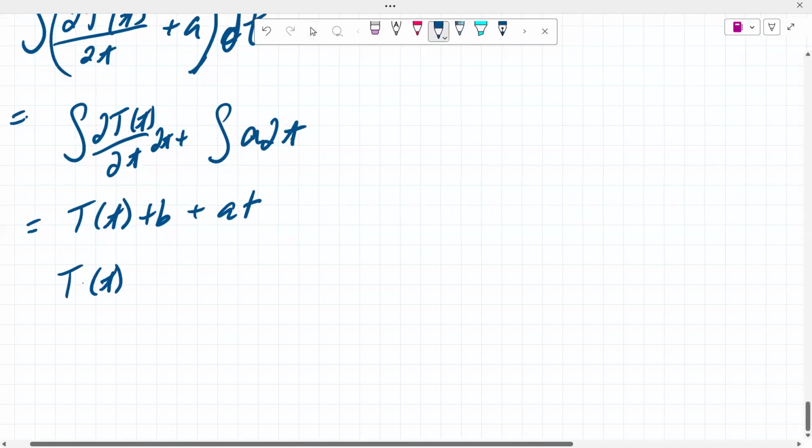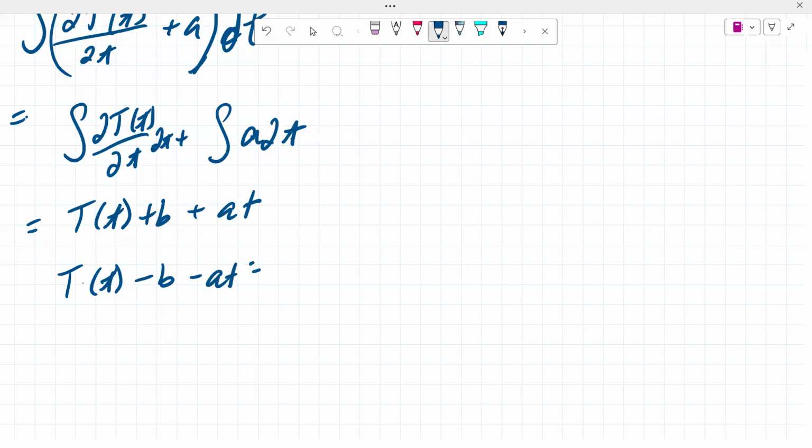T of t minus b minus at equals 0. Oh, no, this is wrong. These are pluses because they were originally. Let me just double check my signs here.